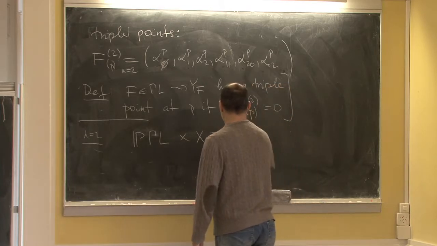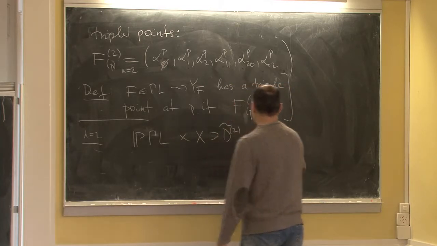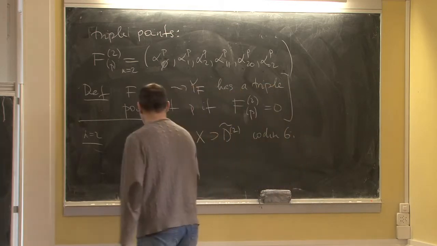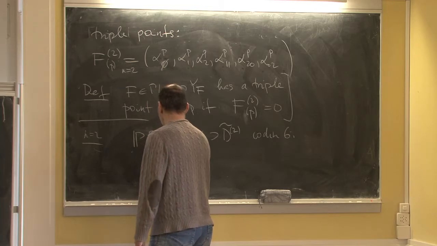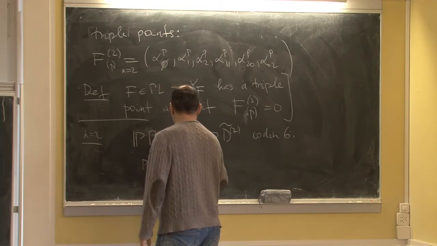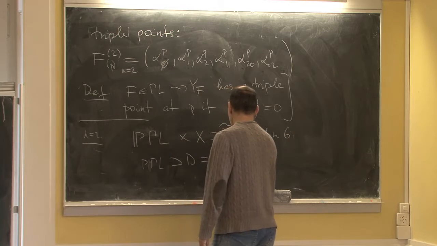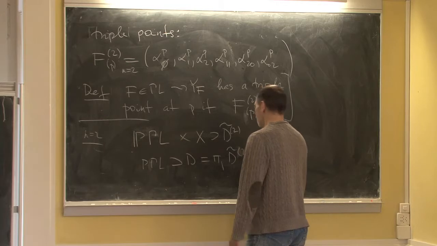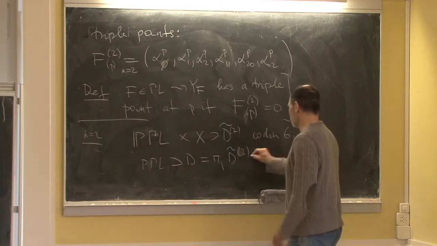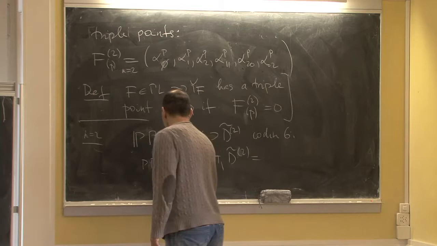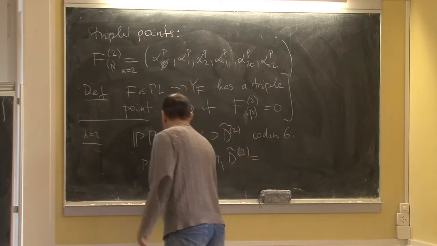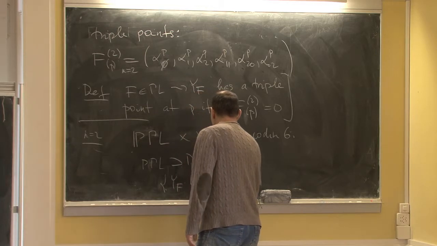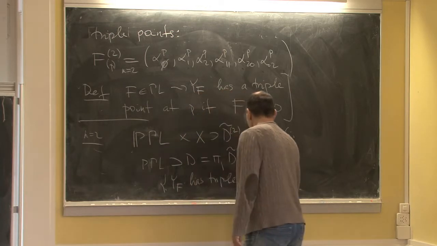So you have this D tilde 2, which is codimension 6. And then in P gamma L, you will have this D, which is the projection. So it's identical. It's just replace 1 by 2. D tilde 2 says that there's a triple point at least at some point. So Y_F has a triple point somewhere.